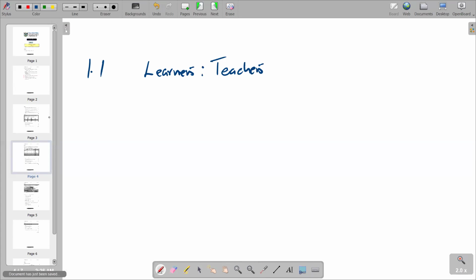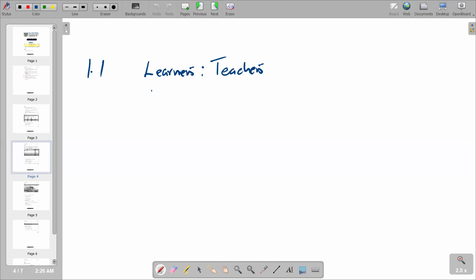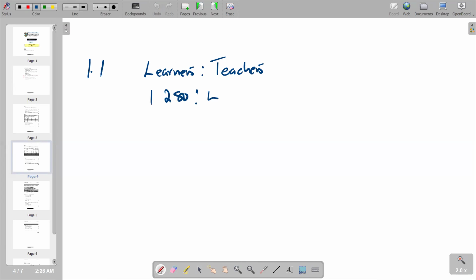Then we check the number of learners that we have. We have 1,280 learners, and the number of teachers that we have is 40 teachers. So this is the ratio that we have. According to the ratio, we are supposed to reduce it to the lowest terms, whereby we divide by 40 on both sides.